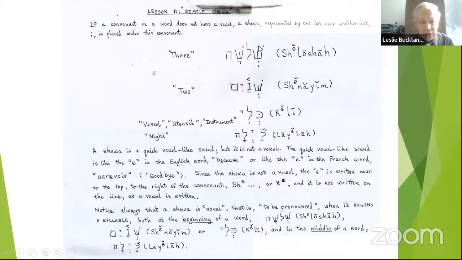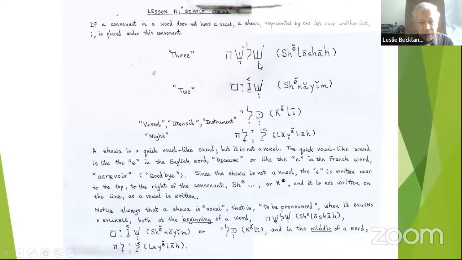So since shin, our SH, does not have a vowel, the simple schwa, one dot above the other, is placed under it. And it is indicated in the English that it is not a vowel by not writing it on the line, but writing it above the line.